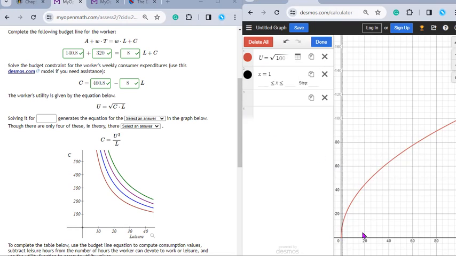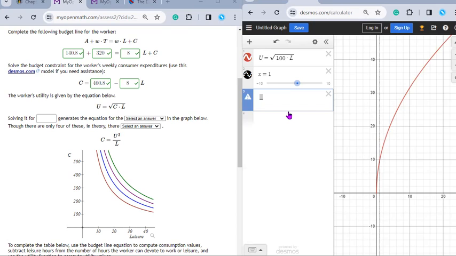Okay, and then I'm going to blow it up down here. When I go from 0 hours of leisure to 1 hour of leisure, well, my utility starts at 0, right? So if I make this 0, my utility is 0. So when my leisure is 0, my utility is 0.